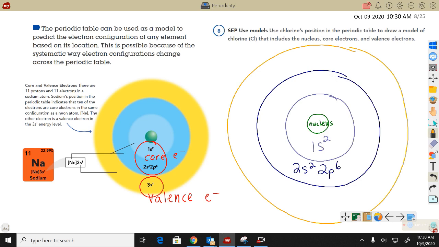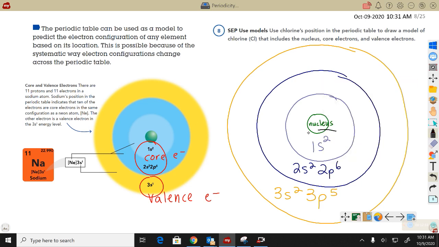So now chlorine, I'm looking at my periodic table. It's number 17. So I'm going to have to go 3s2. And then I'm going to have to hop across to the 3p. 1, 2, 3, 4, 5. 3p5. And so these would be my core electrons.